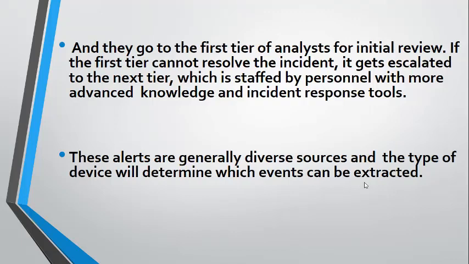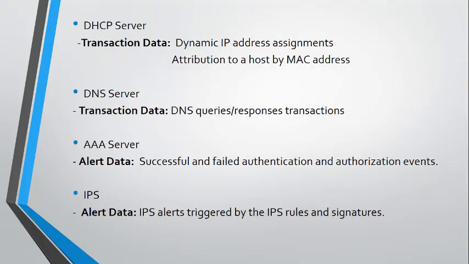These alerts generally come from diverse sources, and the type of device will determine which events can be extracted. This alert came from a variety of devices on our network. A DHCP server will provide us transactional data from dynamic IP address assignment, with attribution to a host by MAC address.